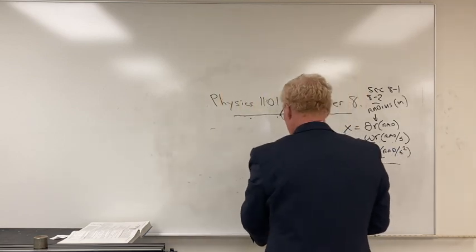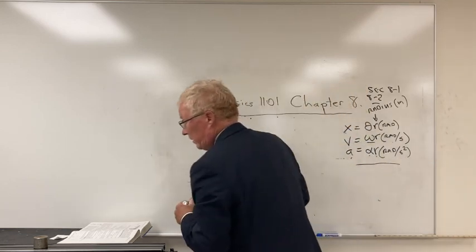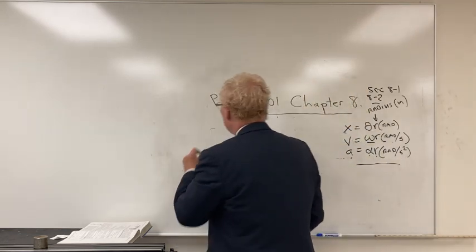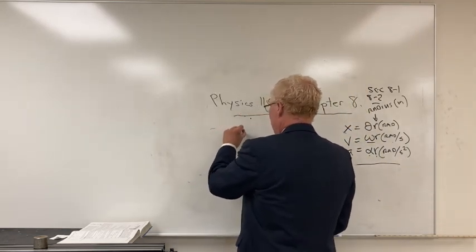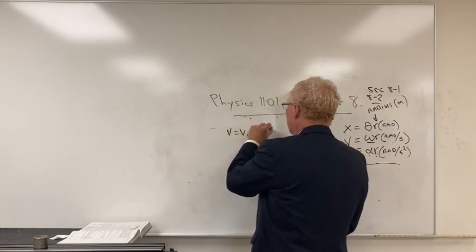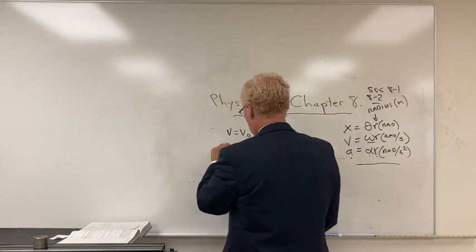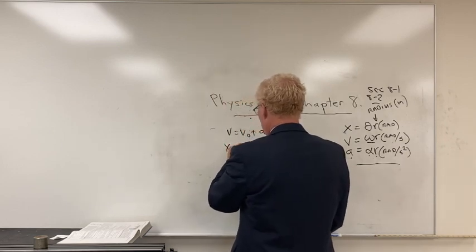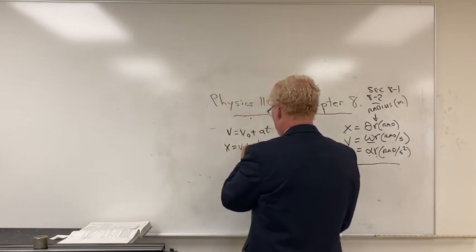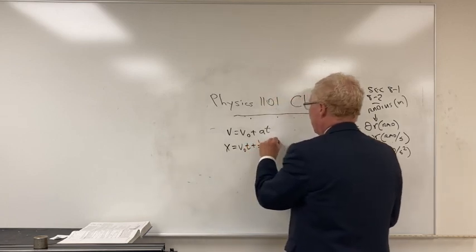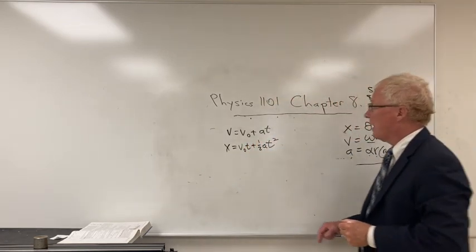So back in chapter 2, we have expressions of v is v naught plus at, and x is v naught t plus 1/2 a t squared.